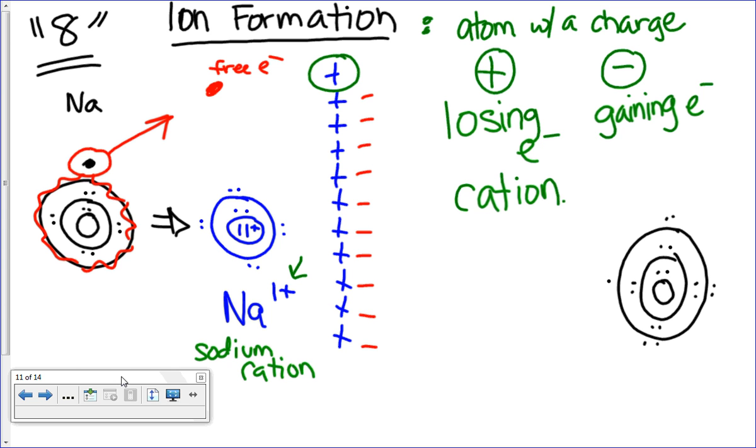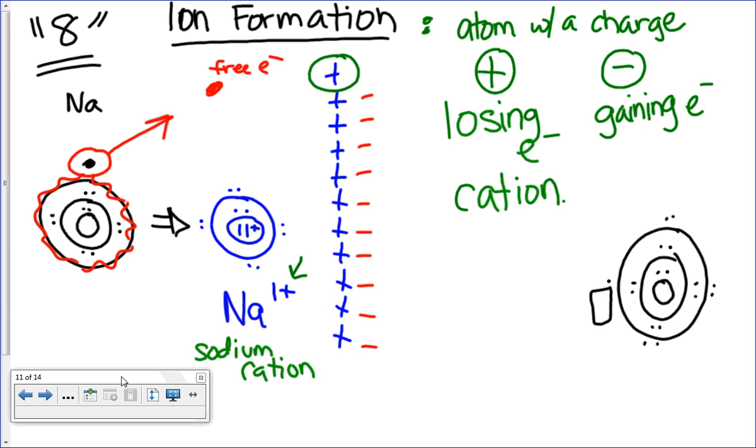What's again the magic number that chlorine's trying to get to? 8. It has 7. So what is it going to do? Instead of getting rid of an electron like sodium, chlorine is really just lacking 1.